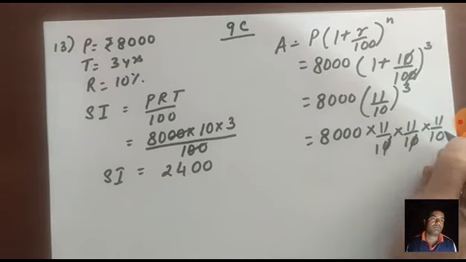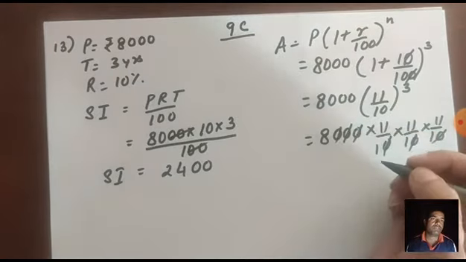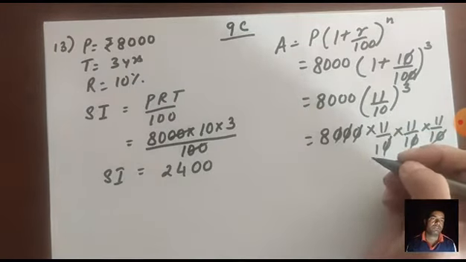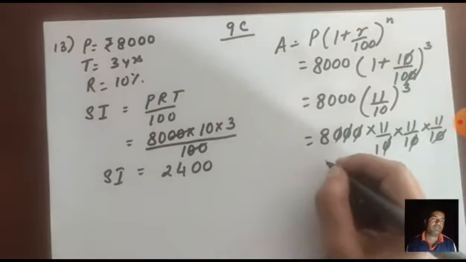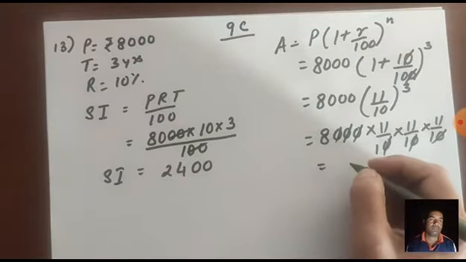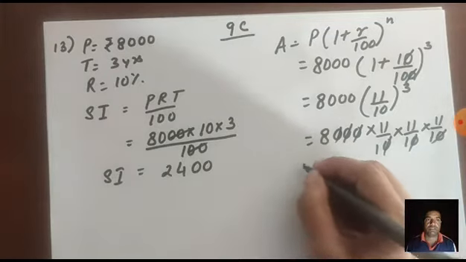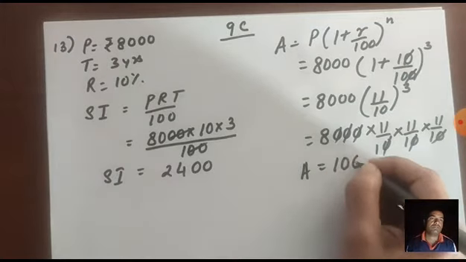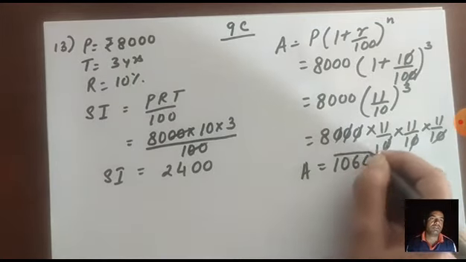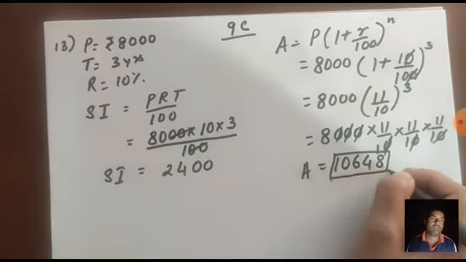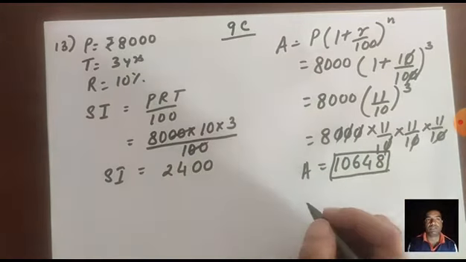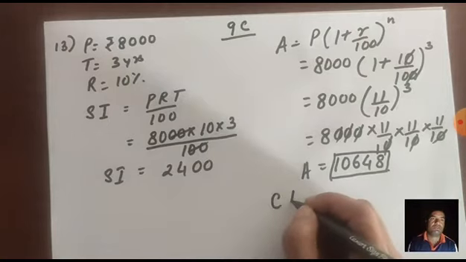So 3 zeros can be cancelled with the 8,000's 3 zeros. Then 8 into 11 into 11 into 11. So the amount will be 10,648. This is the amount after doing this calculation.